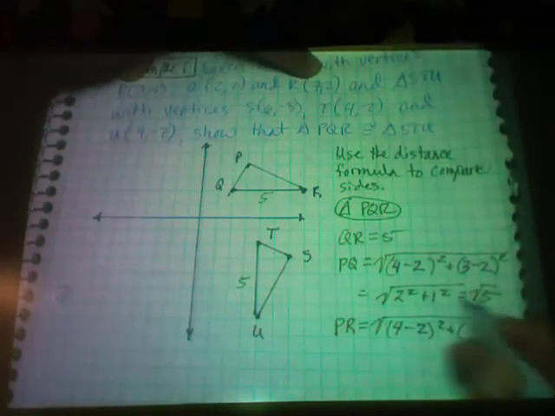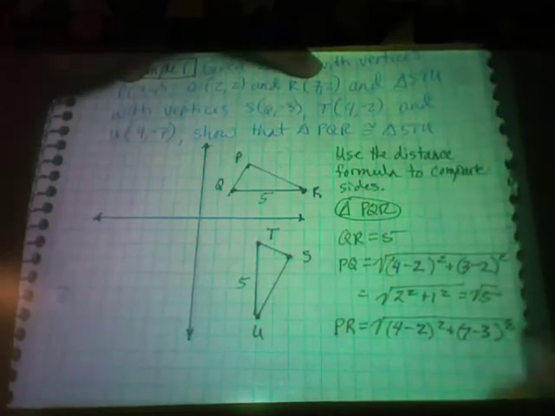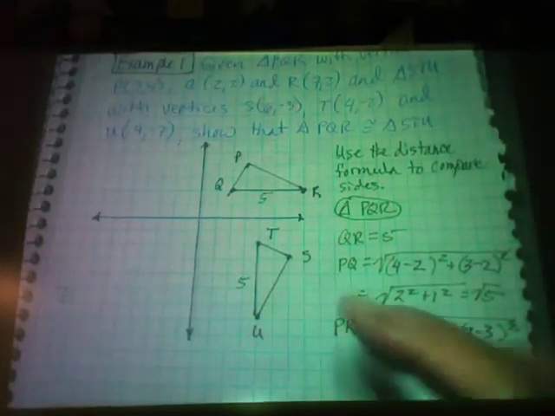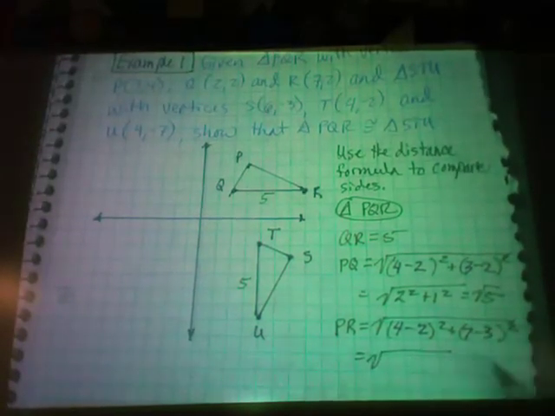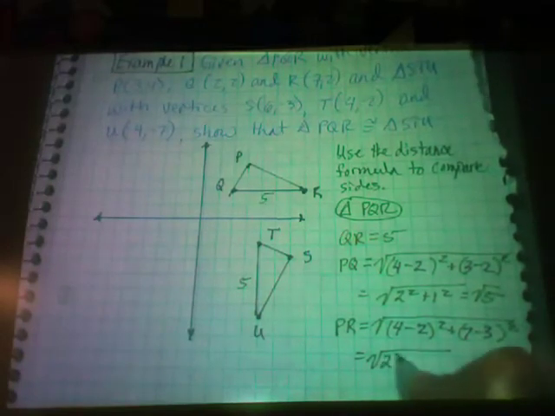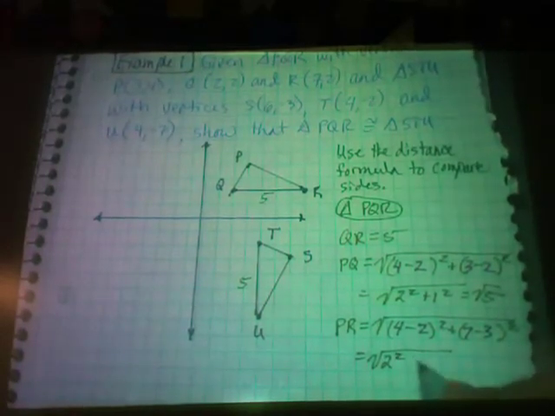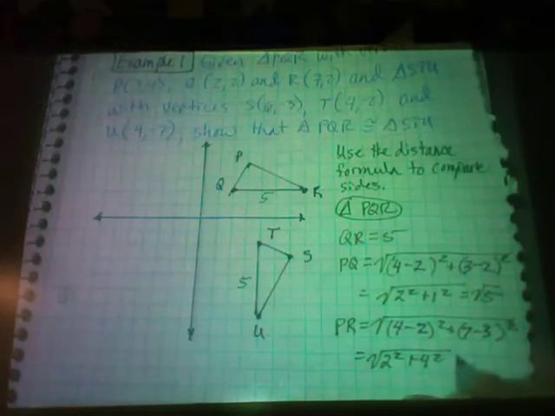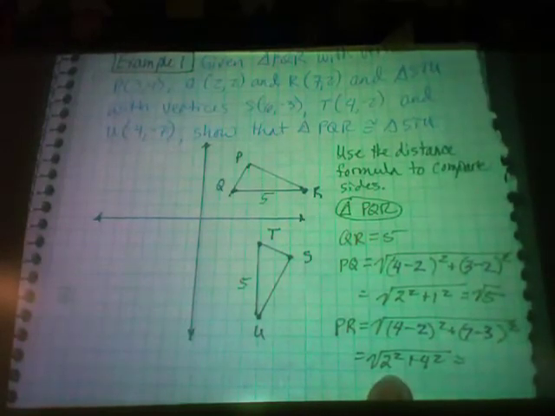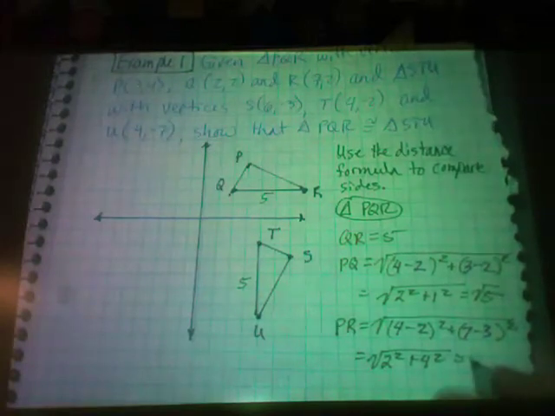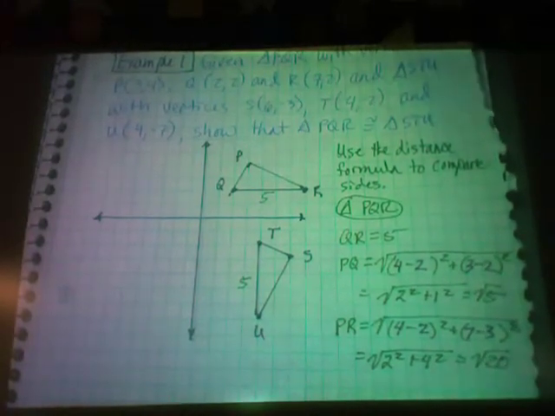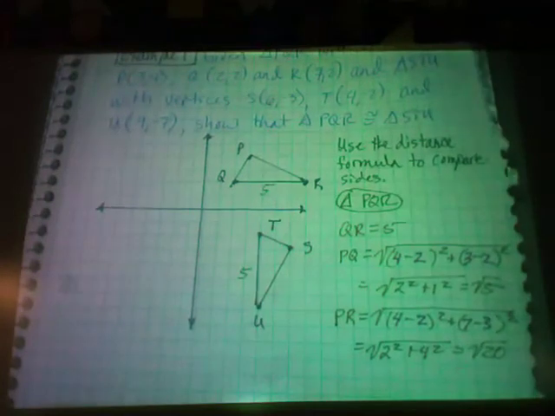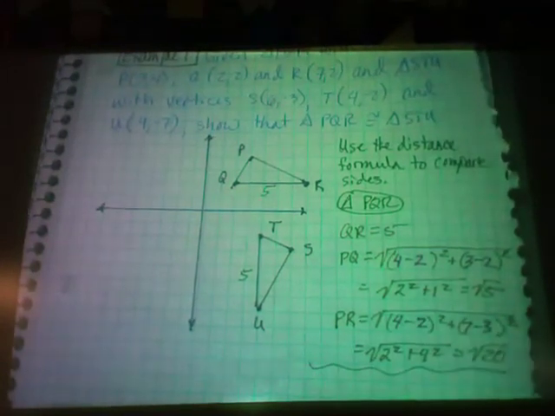My x values are 7 and 3. 4 minus 2 is 2 squared. 7 minus 3 is 4 squared. What's 2 squared? 4. 4 squared. What's 4 plus 16? So isn't that one the square root of 20? All right, so there's one triangle done.